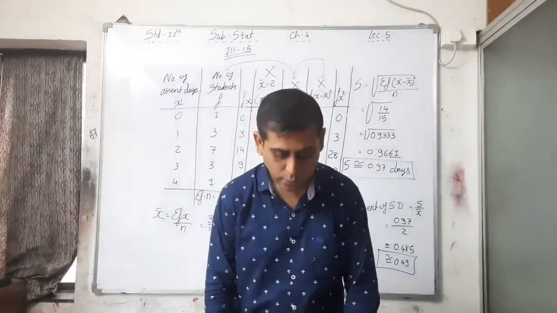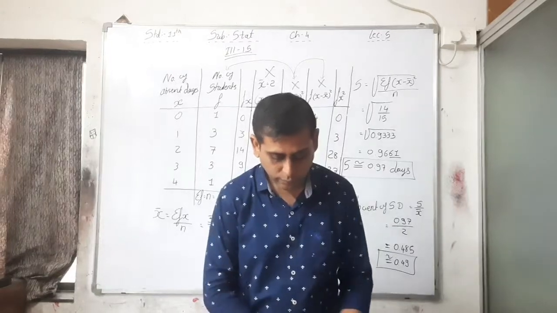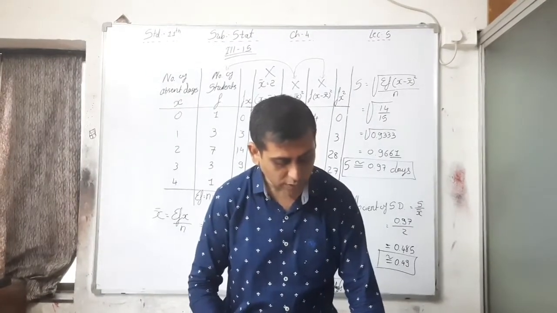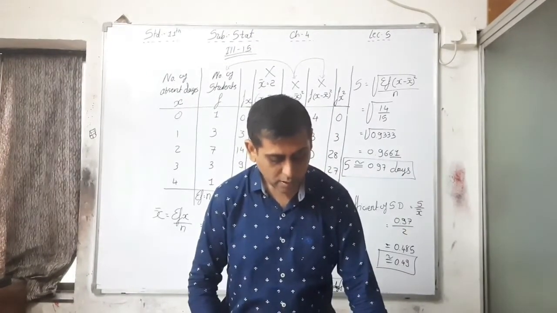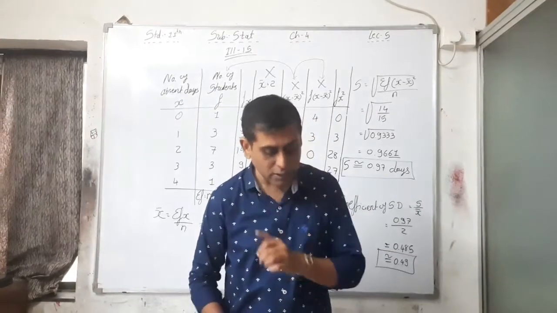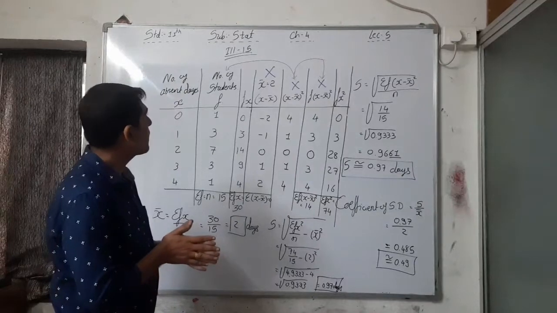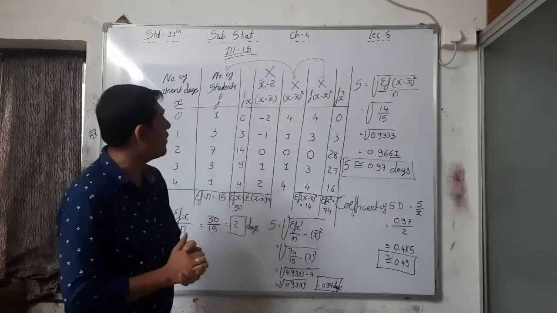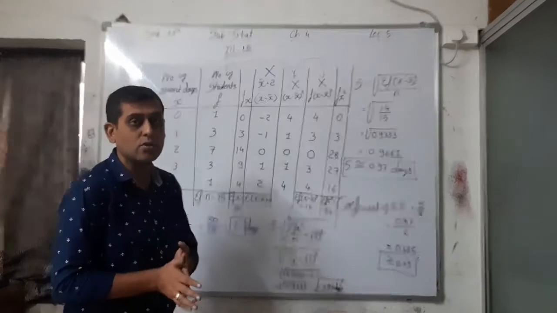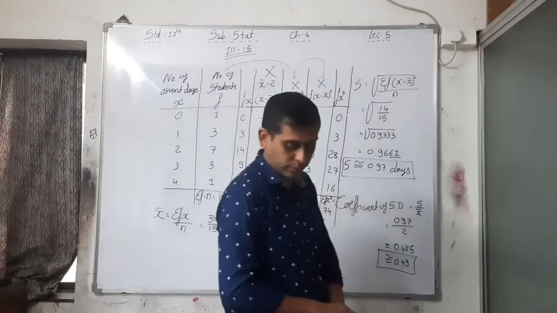So now it is free from unit and illustration number 15 is over. So first of all write down these, and then we will discuss our next illustration, that is illustration number 16.